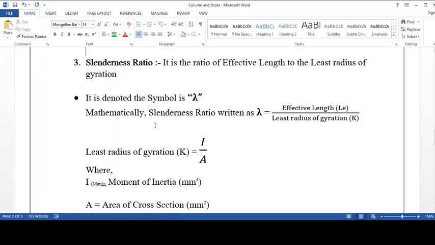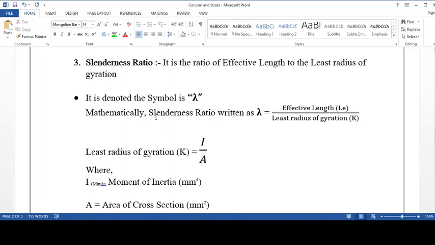What is the slenderness ratio? It is the ratio of effective length to the least radius of gyration. It is denoted by the letter lambda.